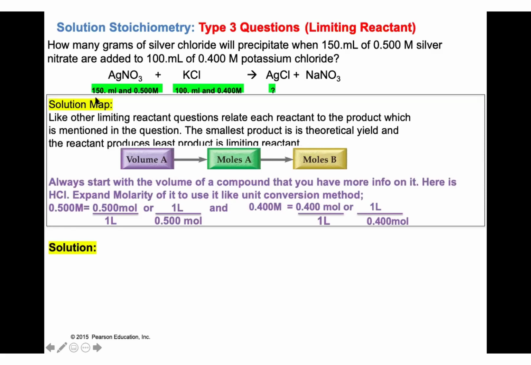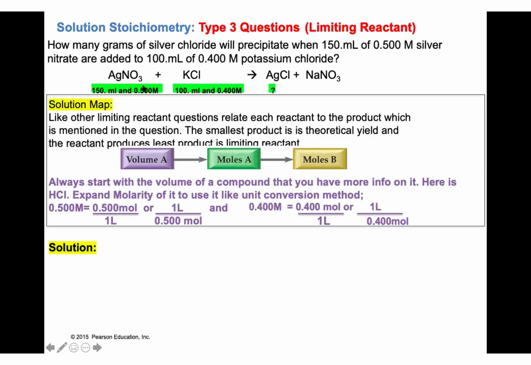So they gave me here 150 milliliter of the AgNO3 and 0.500 molar of it, and they gave me 100 milliliter KCl and 0.400 molar of it.